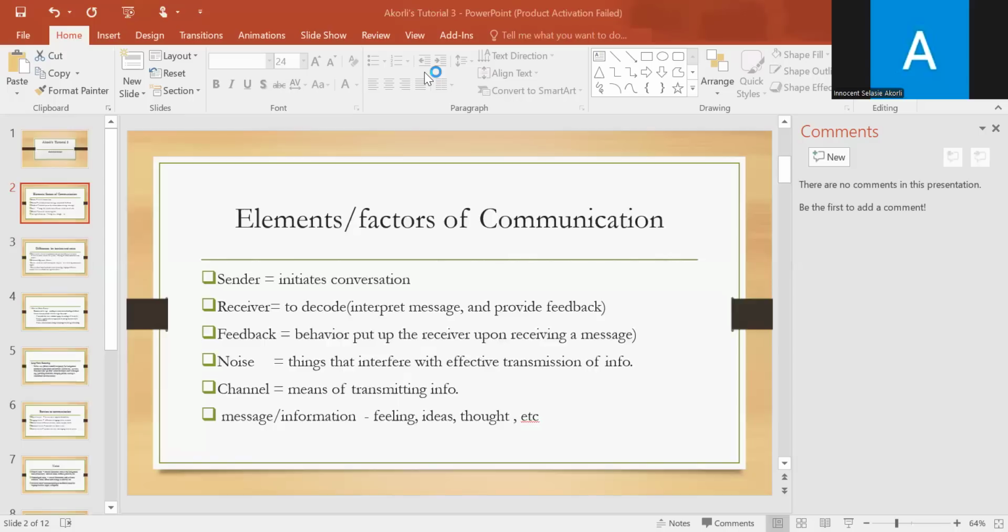I will explain noise and barrier to communication a bit as we go along. Things that interfere in the communication process are called noise. Channel, the means of transmitting information. Message could be a feeling or ideas or thought that somebody has, which he or she wants to communicate.